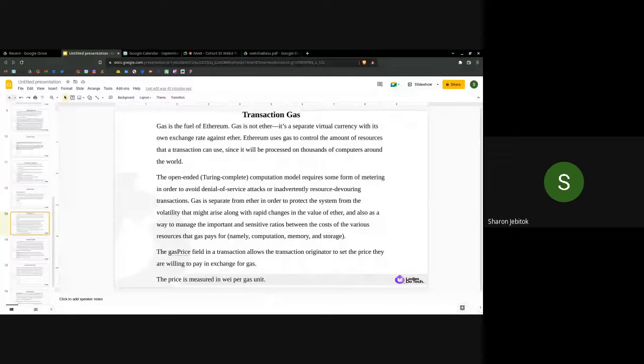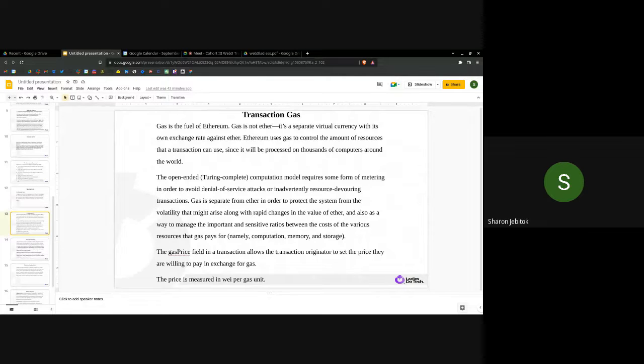This term, Turing complete, I believe by now you know that it's possible to write smart contracts on Ethereum. The reason why it's possible to write smart contracts on Ethereum is because it's Turing complete. But for Bitcoin, it's not Turing complete. And here they're trying to explain the relation of transactions to the idea that Ethereum is Turing complete.